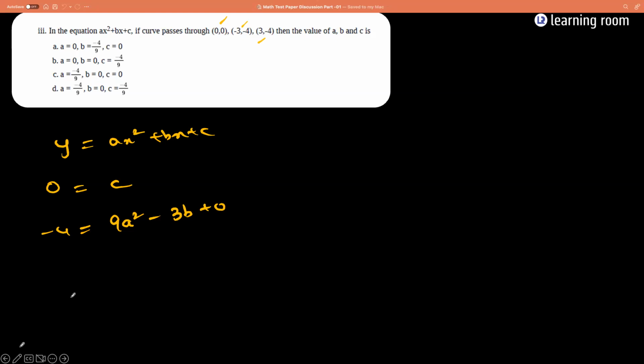ax square plus bx plus c. So 0 will be equal to c, when I substitute 0, 0. 4 will be equal to 9a minus 3b, and I get minus 4 is equal to 9a plus 3b.